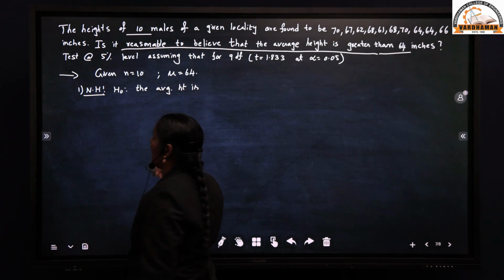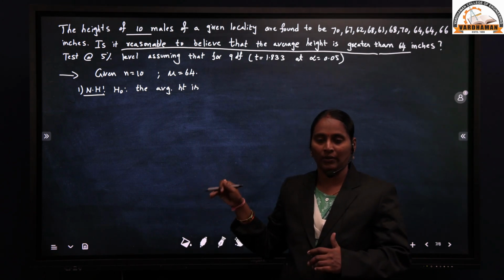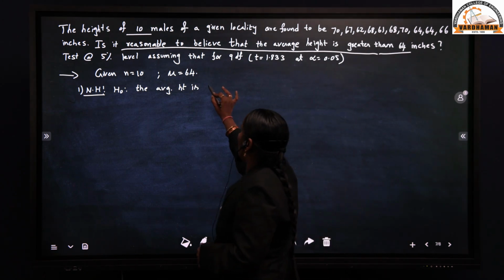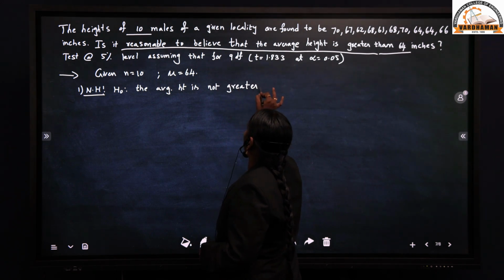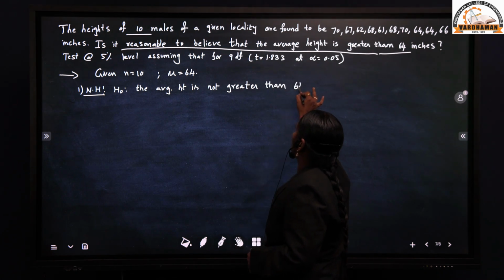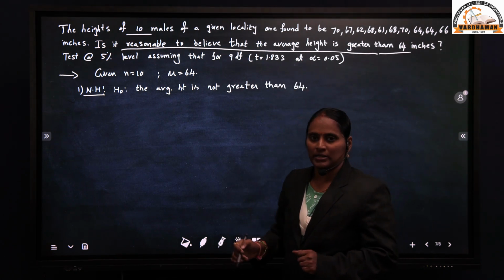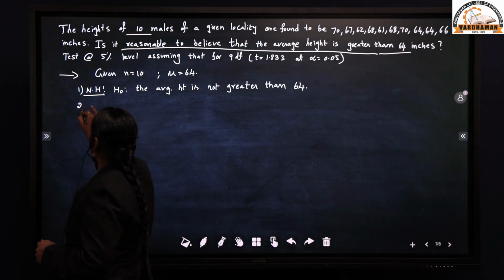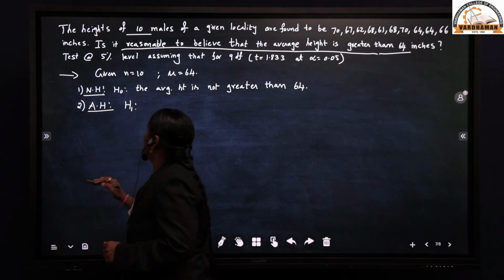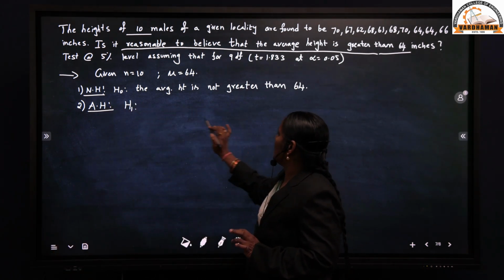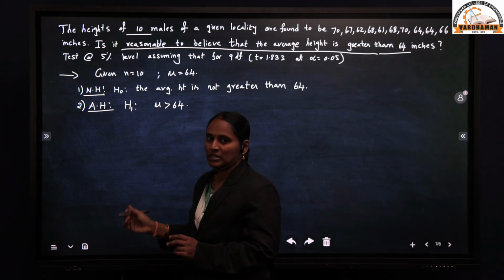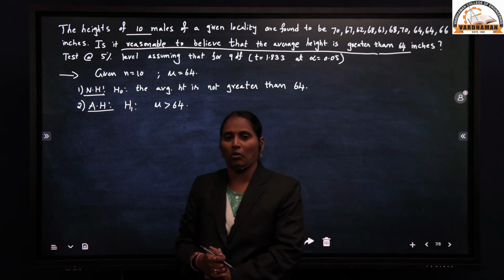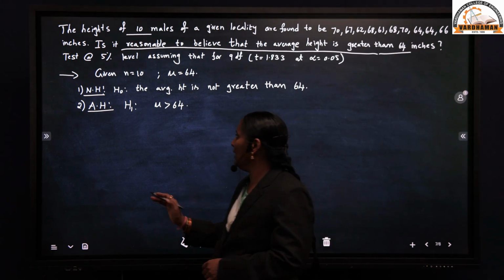Now the second step is the alternative hypothesis, the statement against the null hypothesis, denoted by H1. Since H naught says not greater than 64, H1 is mu greater than 64.